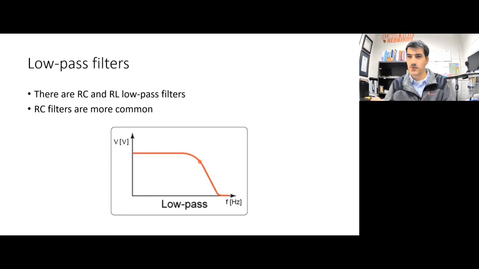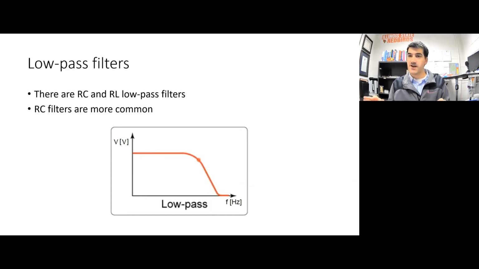All right, let me say that one more time. Say you want to make a low pass filter with a cutoff frequency of 100 hertz. You could make an RC low pass filter with a cutoff frequency of 100 hertz, or you can make an RL low pass filter with a cutoff frequency of 100 hertz.